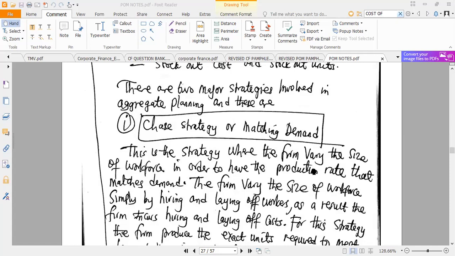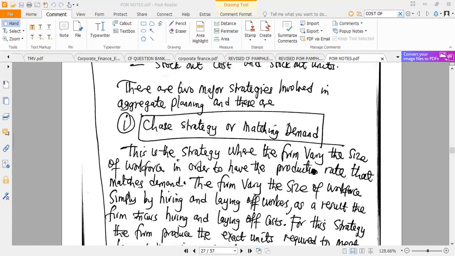For those companies that do not want to maintain the size of workforce, this strategy would be better, because in the chase strategy you vary the size of workforce.